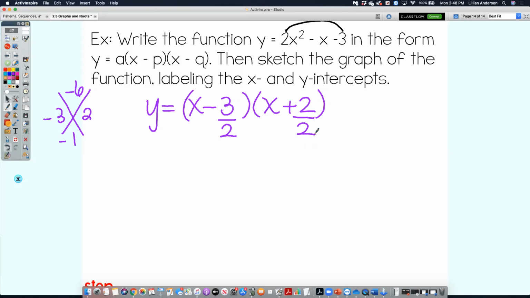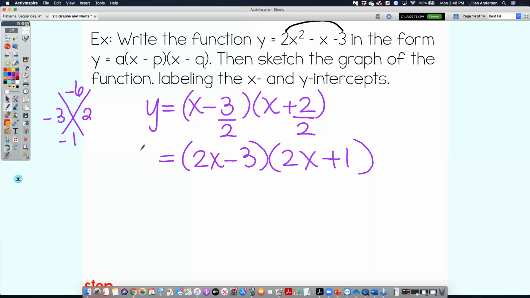And instead of simplifying, we are going to bottoms up on both without simplifying. And the reason why we want to do this is because our A values need to be the same. They have to be the same.